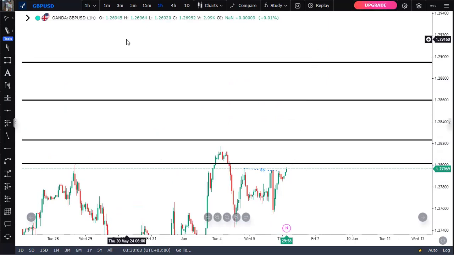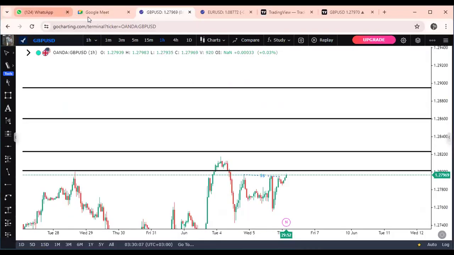So allow me to go back to TradingView so that I can show you something here. Let's see what we have here on TradingView. I hope it will open.